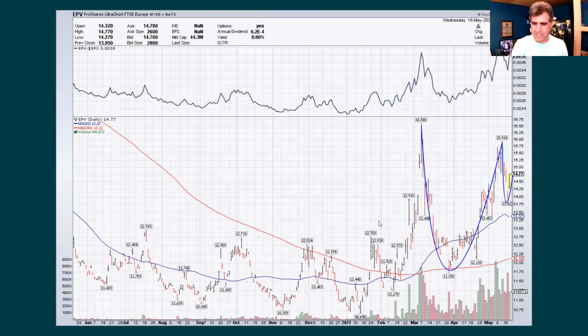Looking at this, we can see that the volume really died down, so this is a pretty big retracement. Because this is an ETF and it's leveraged, ultra short, visually I just want to get used to seeing that here is the cup and this is the handle. We're almost there. If we break out of this, or you can be patient and wait for this. So this is, again, the ultra short Euro ETF.